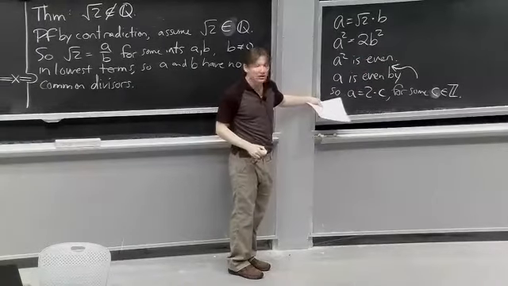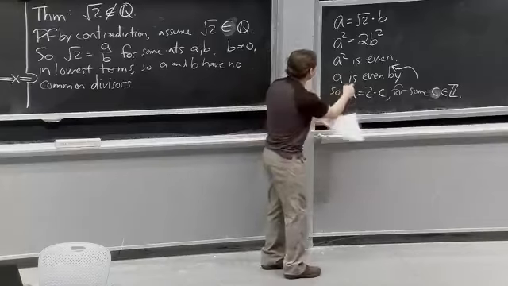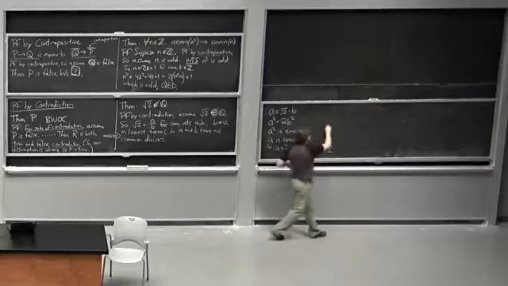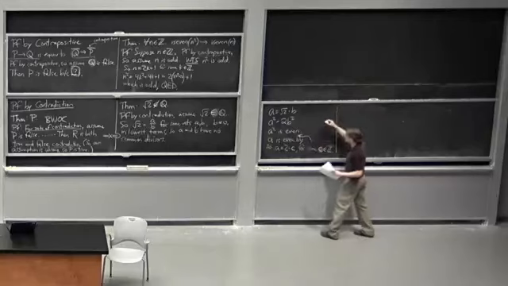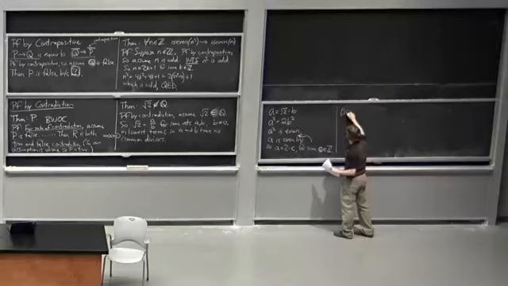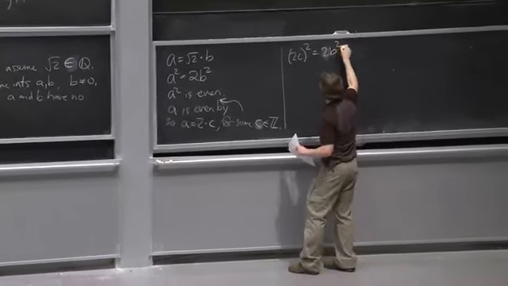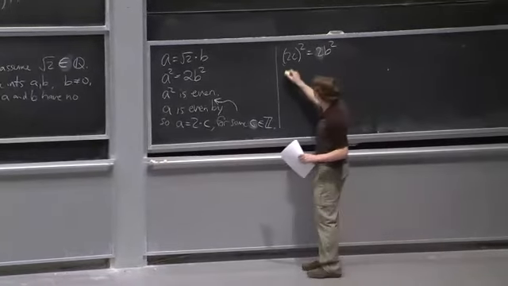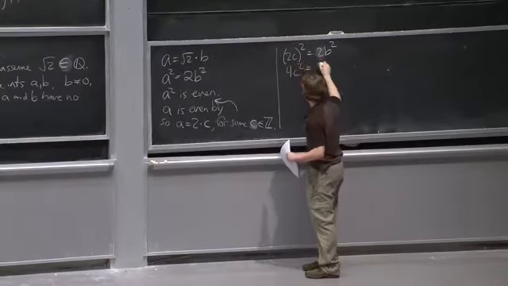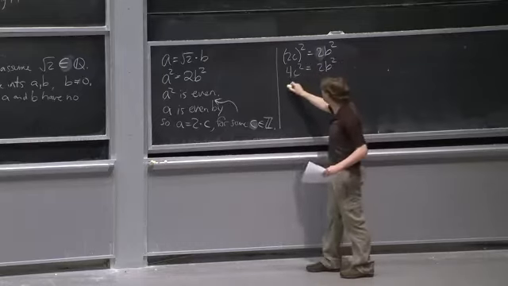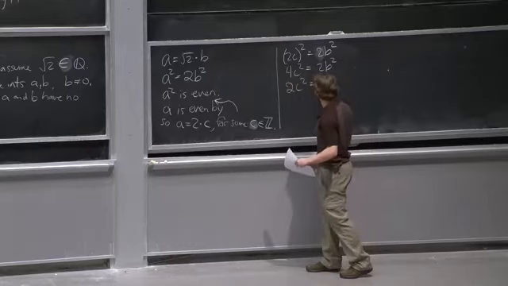It's 2 times an integer. So let's keep going. Let's put this back into our formula. So now this says that (2c) squared equals 2b squared, right? So this says that 4c squared equals 2b squared. We can divide by 2. This says 2c squared equals b squared.